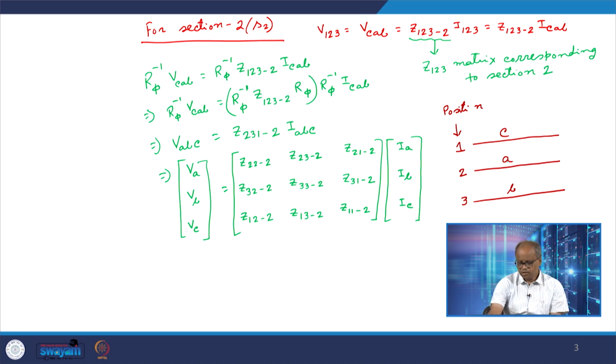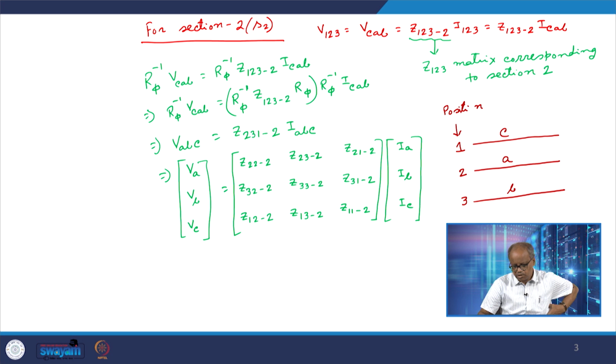The coupling between phase A and phase C would be the coupling between position 2 and 1. Similarly, phase B takes position 3, and when it is coupled with phase A, which is in position 2, it would be Z32, and then Z33, and then Z31, and so on and so forth.